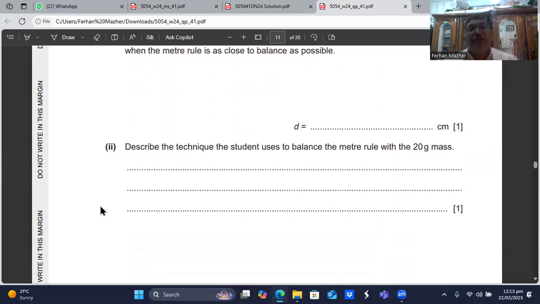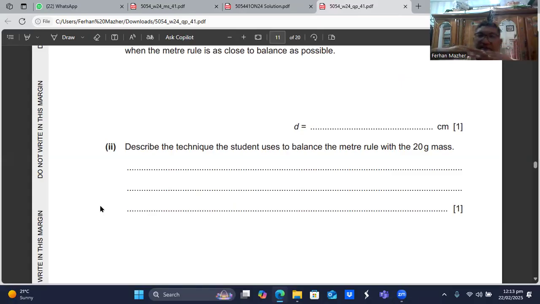Describe the technique the student uses to balance the meter rule with the 20-gram mass. So the 20-gram mass, you will move it forward, backward, forward, backward. You will move it towards the pivot and check at what point the meter rule comes into balance. When the meter rule tilts to the left, move the mass backward, then it will tilt to the right.